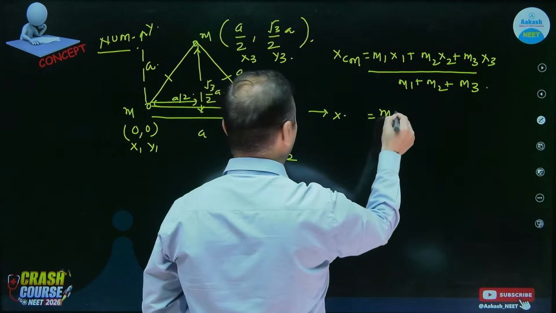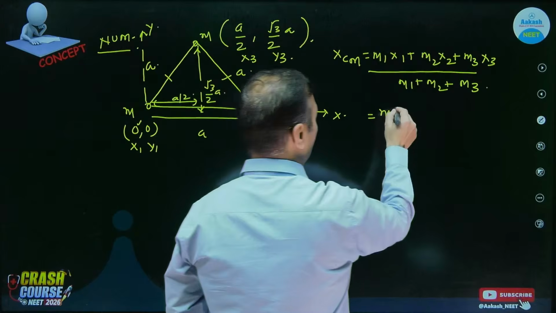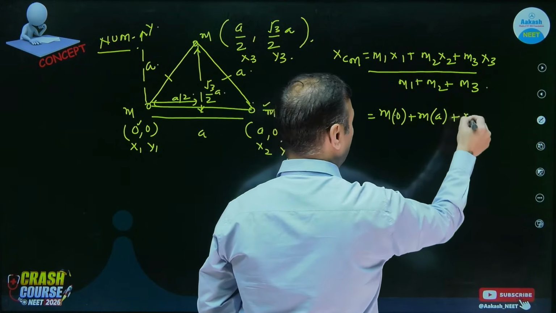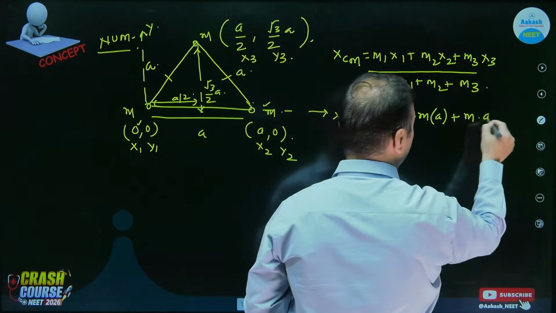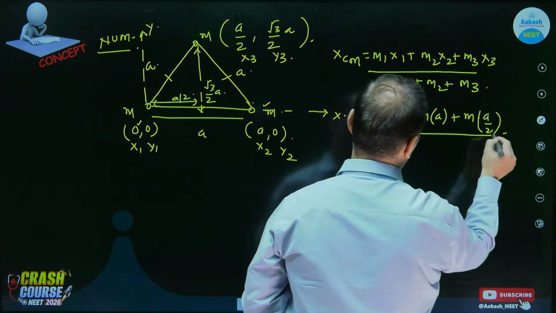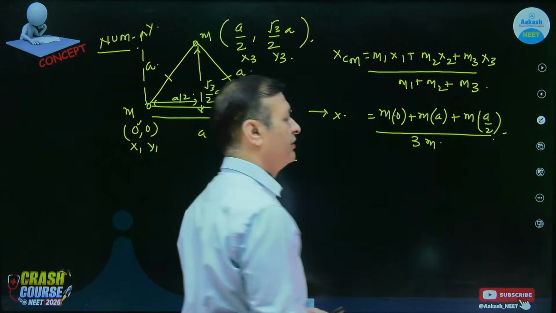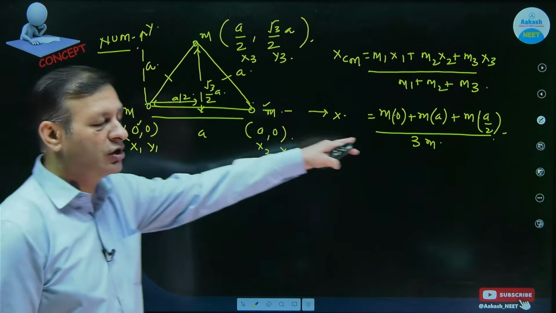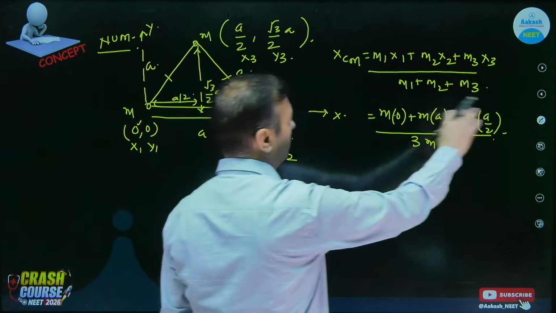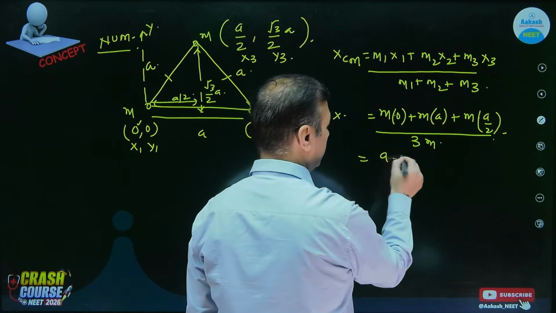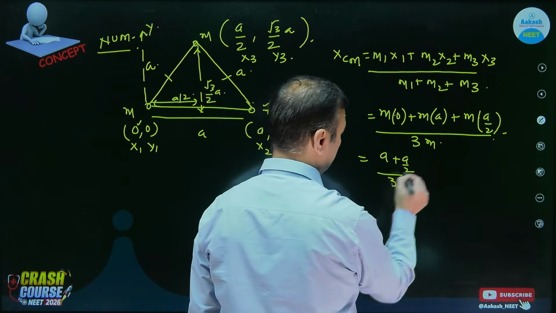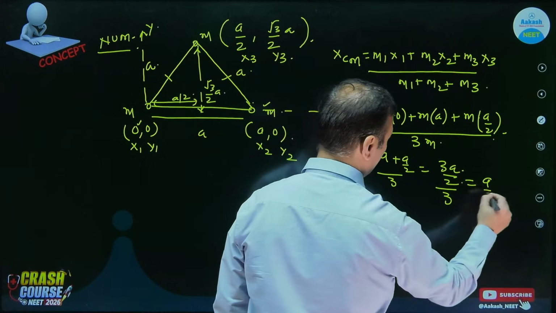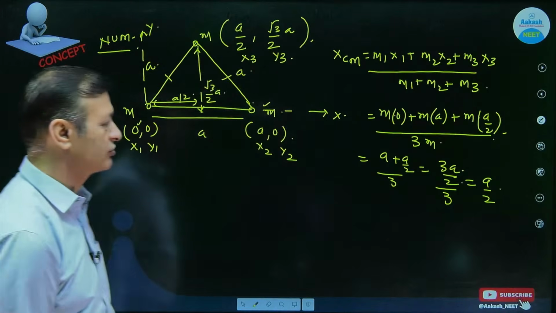So this is m, what is the x1? x1 is 0, m2 is this, x coordinate is a, m3 is also m and its x coordinate is a by 2, divided by 3m. You got it? Any doubt? So can you work out with this part? m cancels out and a plus a by 2 divided by 3. So that means 3a by 2 divided by 3. So that gives you a by 2 as the x coordinate.